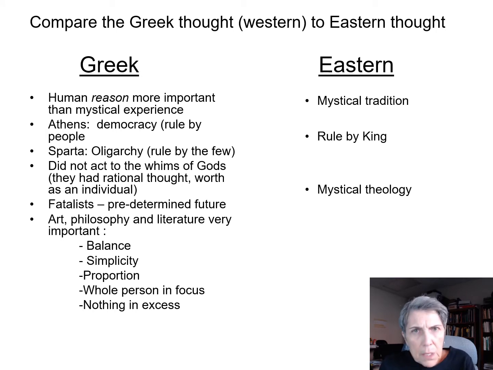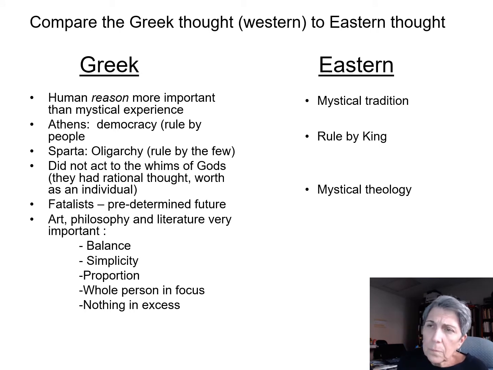Okay, Socrates: it's not what you know, it's what you don't know that you should strive for. So this is what the Greeks are going to become, as compared to the East, the ancient Near East, they stayed more mystical, ruled by kings, and that's just the way it went, for whatever reason.